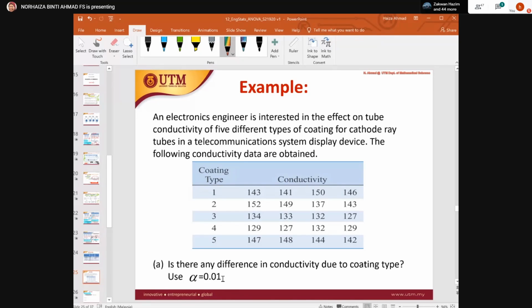In this case, you've got 5 populations, so you can't do the usual Z or T test. You need to use an ANOVA because there are more than 2 populations.